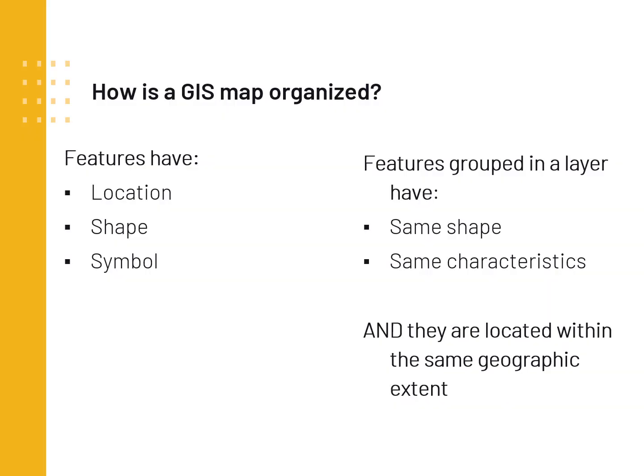During this exercise, hopefully you learned how a GIS map was organized. You noticed that there were individual features on our map. So for instance, we had yellow stars representing attractions and orange dots representing hotels. Each one of those features was located in a particular location.